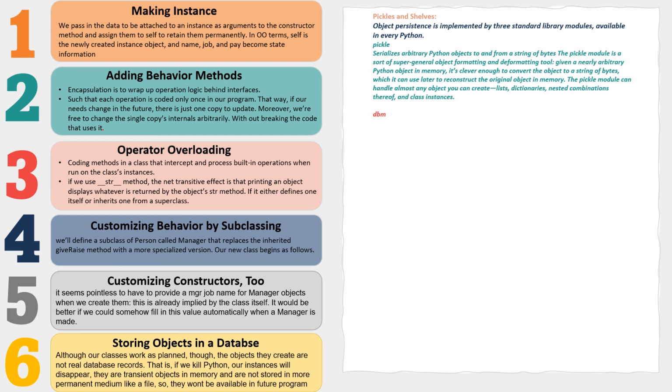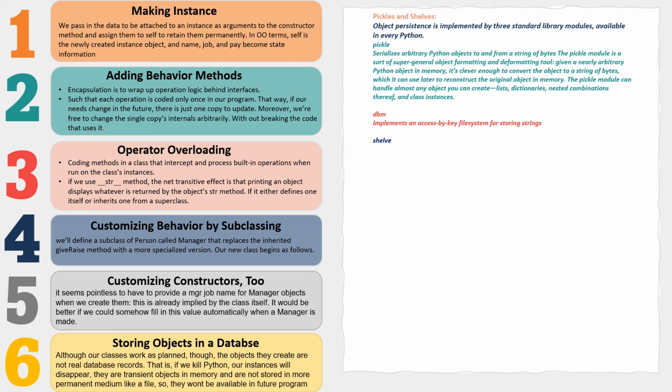The next important one is DBM. What DBM does is implement an access-by-key file system for storing whatever strings were created from the objects using pickle. Now what we have is shelve. So what does shelve do? Shelve stores the strings under a key in a DBM file.